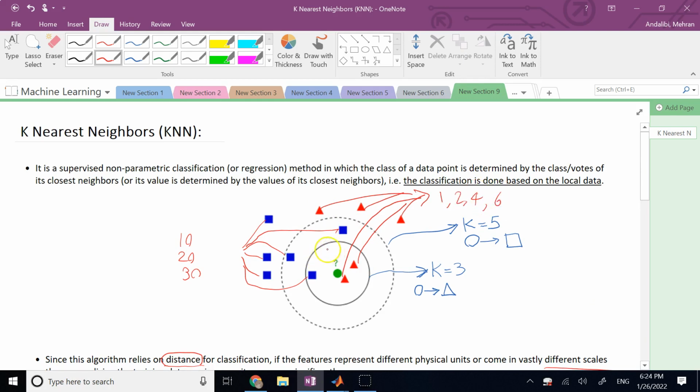So now if you choose any point here, depending on where it is, because these squares have an order of magnitude larger scale compared to the triangles, you will easily be either next to the triangles or next to the squares, and these data are not going to be clustered like this.